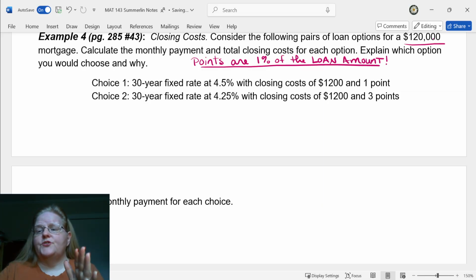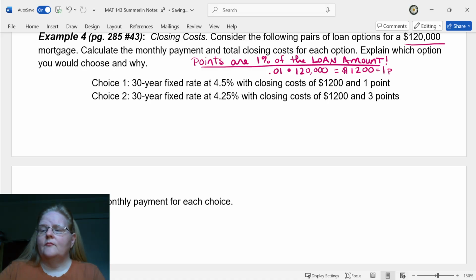So if 1 point is 1% of the loan amount, it's 0.01 times whatever the loan amount is. Here our loan amount is 120,000. So when we have 1 point, we can replace it with that amount.